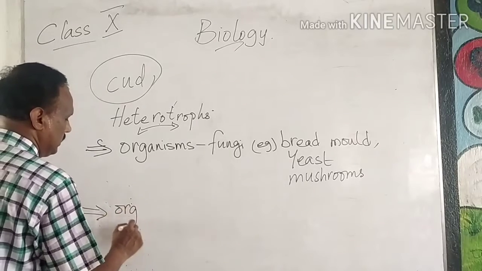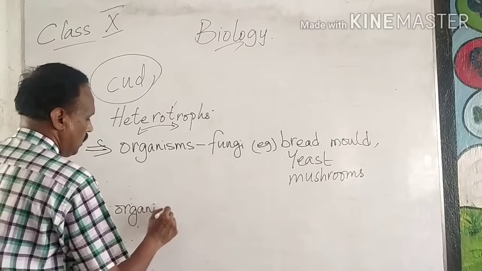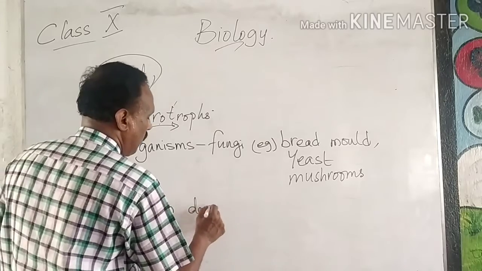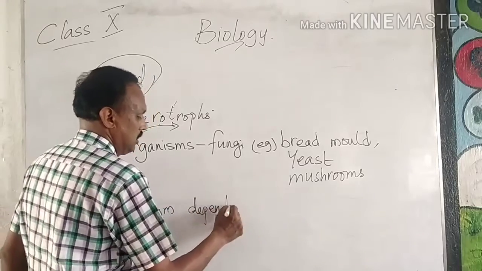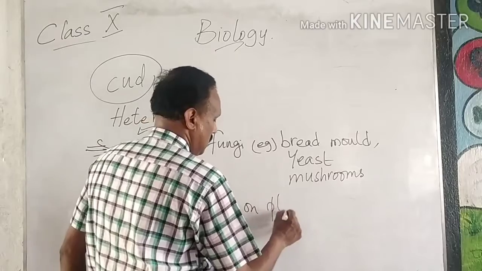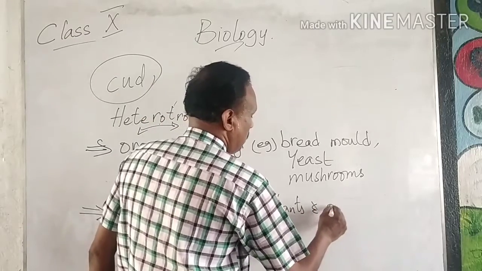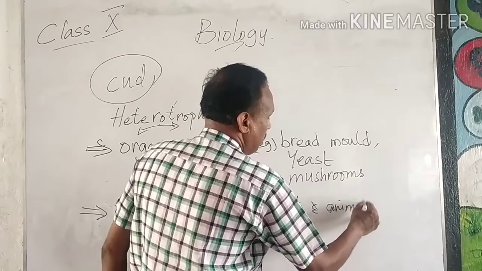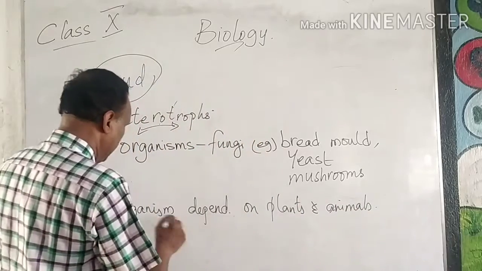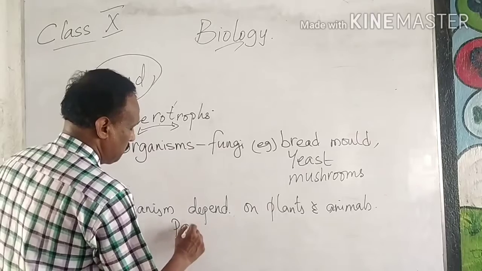And some organisms depend on plants and animals without helping them and not killing them too. They are called parasites.